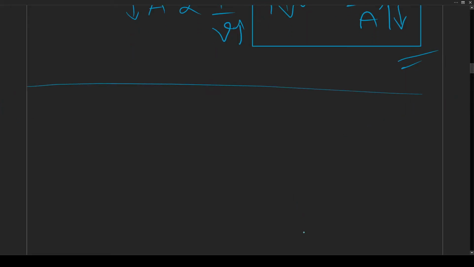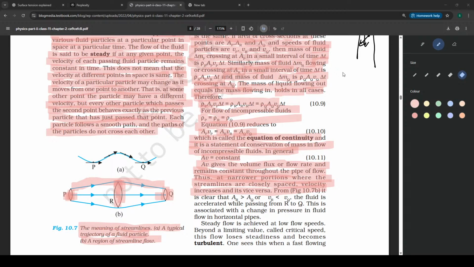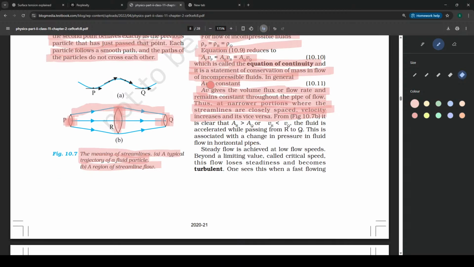Let's go back. AV gives the volume flux or flow rate and remains constant throughout the pipe of flow. Thus, in narrower portions where streamlines are closely spaced, velocity increases and vice versa.